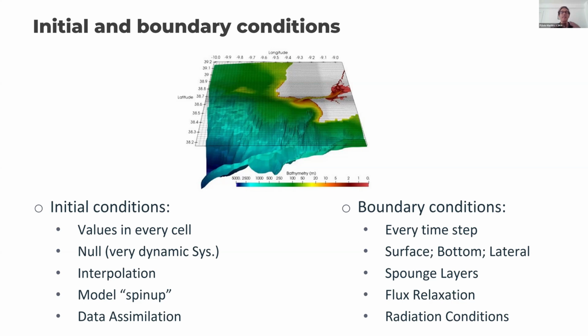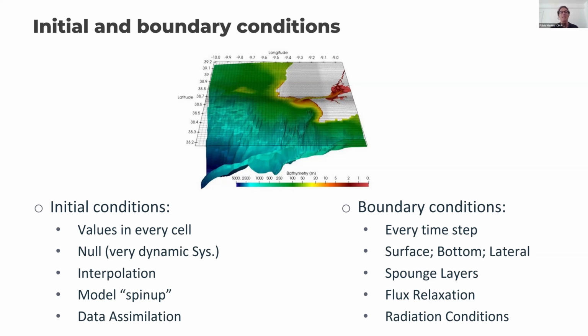And then this is for the initial value, for the beginning of the simulation. And then in every time step, we need to supply boundary conditions, okay? And when we say boundary conditions, I'm talking about the lateral boundary, so the part of the system that is outside my grid.